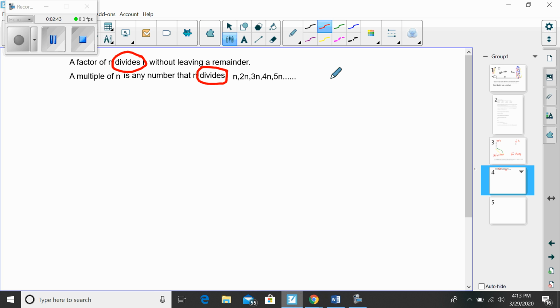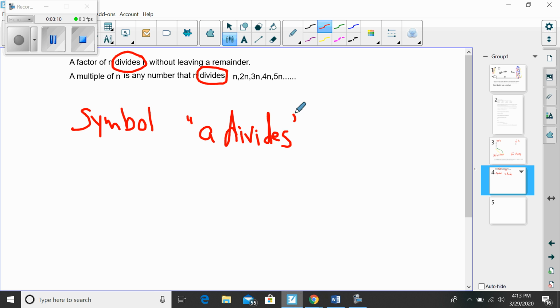But anyway, I am going to introduce you to a new symbol, a college level symbol, for saying that one number divides another number. So the symbol that we're going to use, and this means A divides B. This is used a lot in upper level math, but I use it on your homework and things like that in this section.